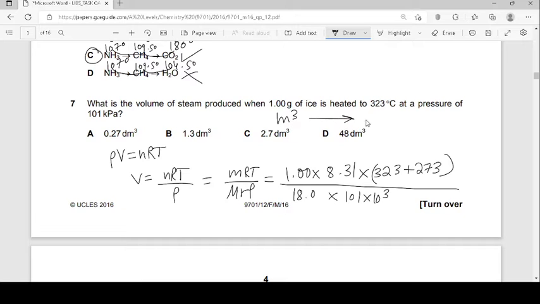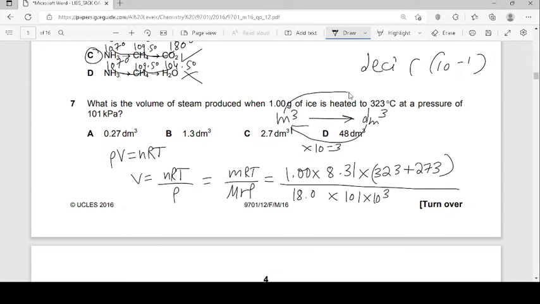But if you want to convert from meters cubed to dm cubed, you see deci means 10 to the power of minus 1, right? So if you're converting from dm cubed to meters cubed, you would have to multiply by 10 to the power of minus 3, all right?